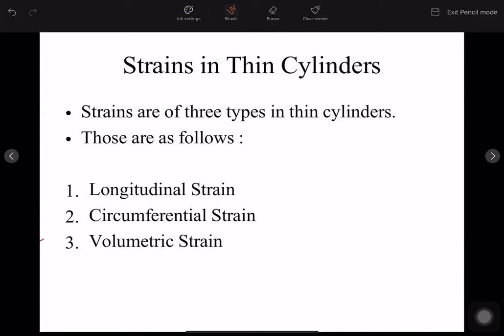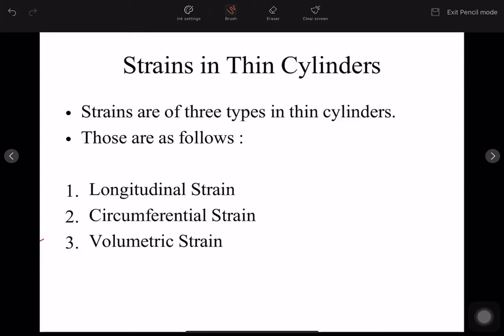So these are the basic numericals based on types of stresses, that is hoop stress and longitudinal stress in a cylinder, and how we can calculate these types of stresses.